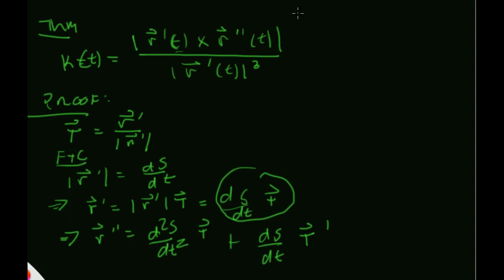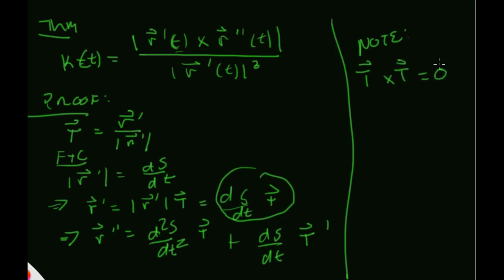But note, big note, that T cross T, any vector crossed with itself, gives me the zero vector. So that's going to become kind of critical in steps to come here.